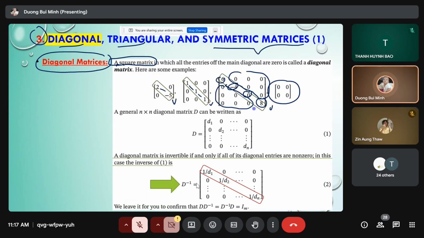This is a special case. So they are diagonal matrices.